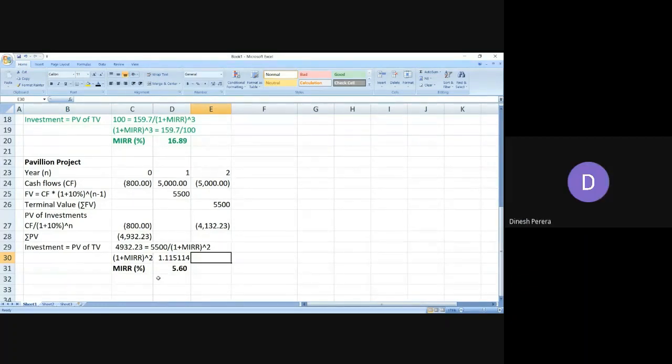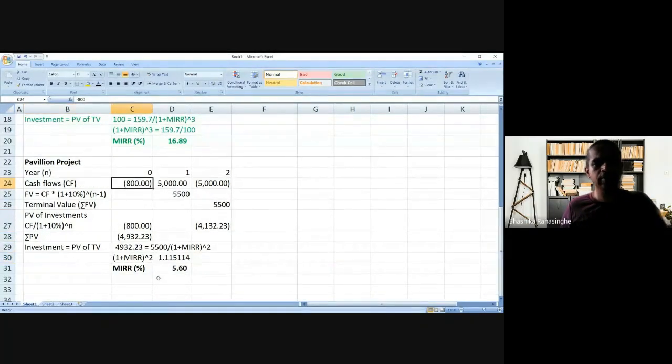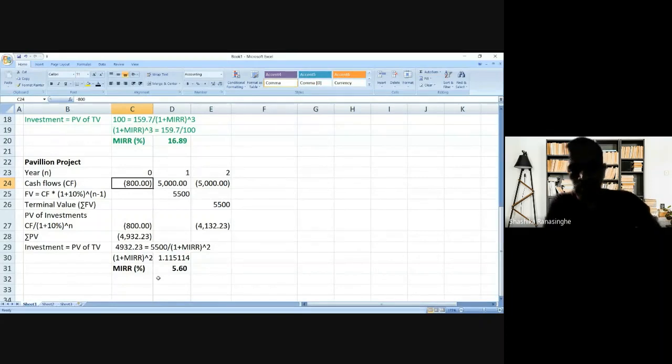So can you explain it again? What is the investment value here? Investment value is originally 800. Then the second year you invest another 5,000. There is another outflow. No? It's not a normal cash flow.